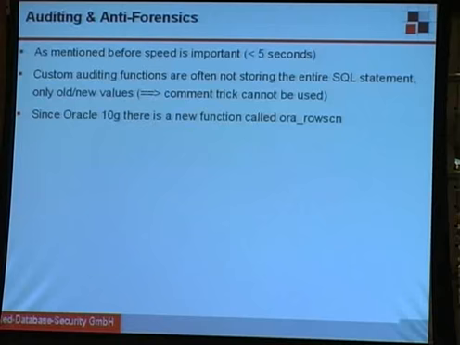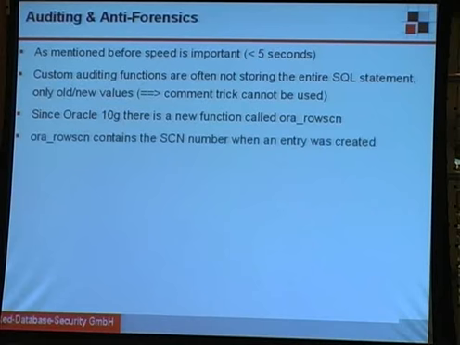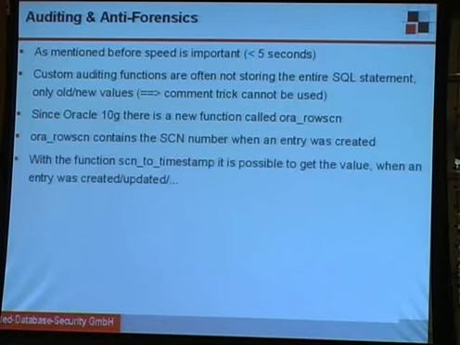Since Oracle 10G, there's a new feature, a new function called ORA_ROWSCN. So on every table, in every row, you have a special value. This value contains the sequence number when this data was created or modified.